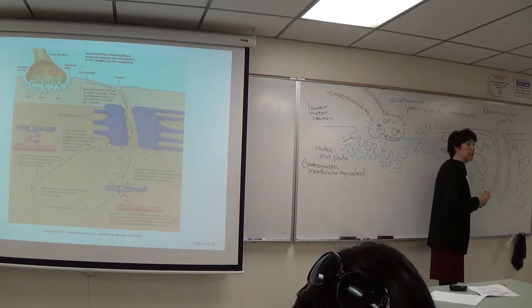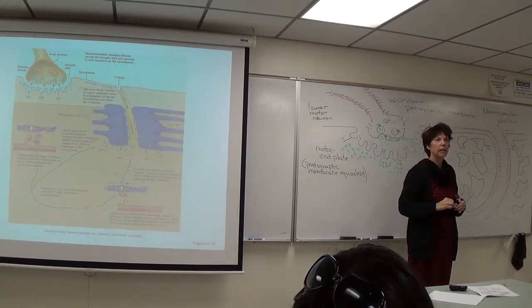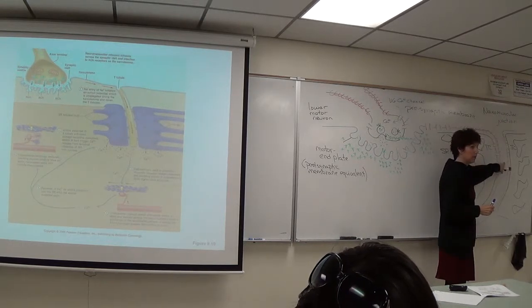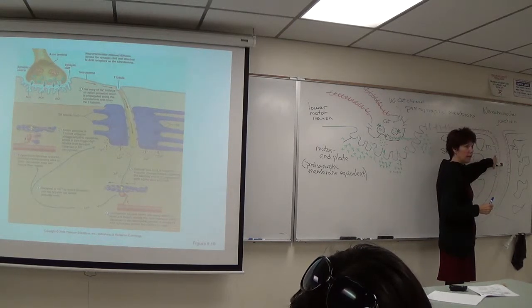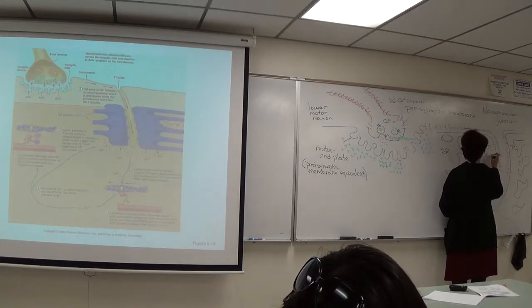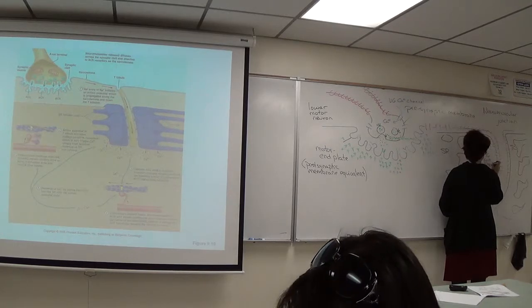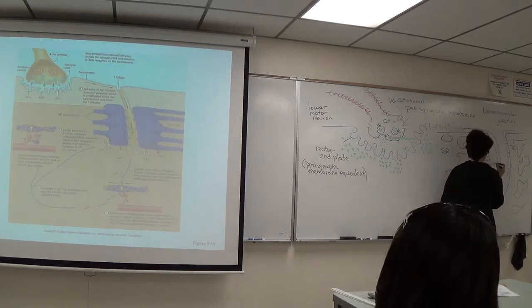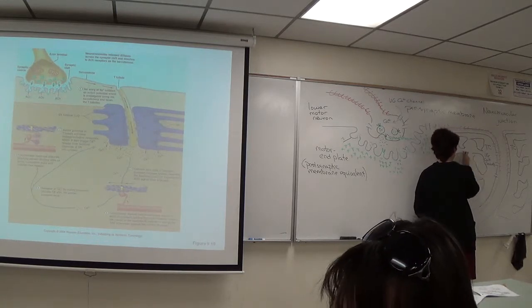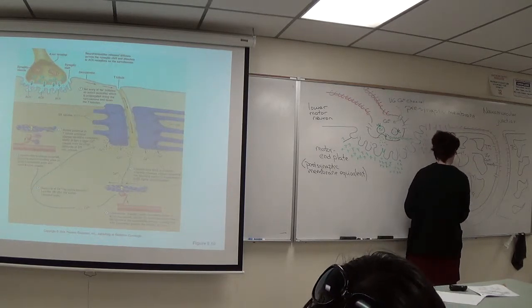And these are voltage-gated channels for calcium. So the current of the transverse tubule is sufficient to open the voltage-gated calcium channels along the terminal cisternae. And that creates a current strong enough to open voltage-gated channels throughout the rest of the sarcoplasmic reticulum.